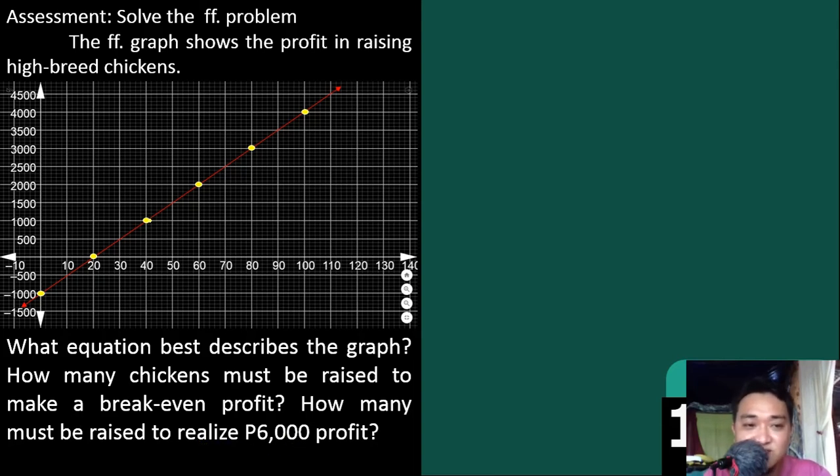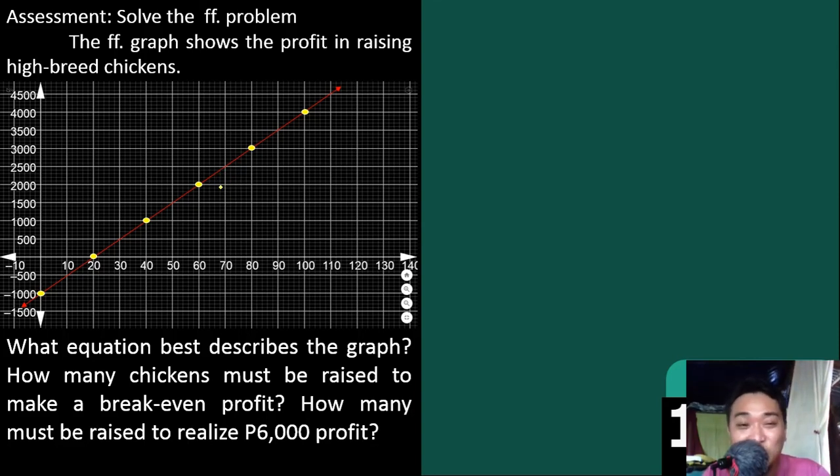From the graph itself, makikita natin yung break-even agad, ano? Yung break-even, nandyan sa may 20. Ito po. Ayan. Because X here pertains to the number of chickens raised and Y-axis here pertains to the profit. So first, provide the equation of this line, which is in our previous videos. Kung babalikan niyo po yung previous videos natin, tinuruan ko po kayo kung paano kunin yung equation of the line given graph.